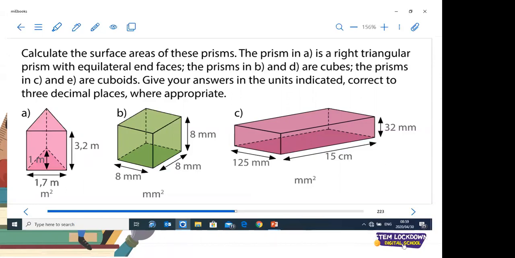Remember, you don't always have to use the formula. You can actually calculate this by using every face. Remember that in a triangle, we are given the face, and then of course, you will be able to do that.